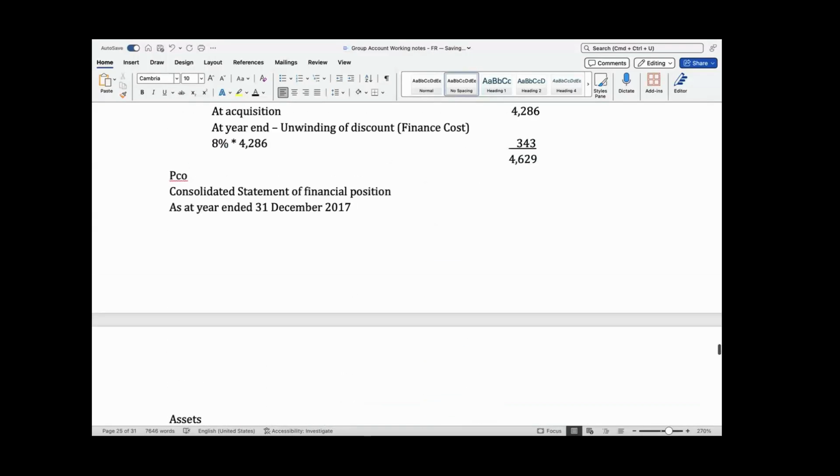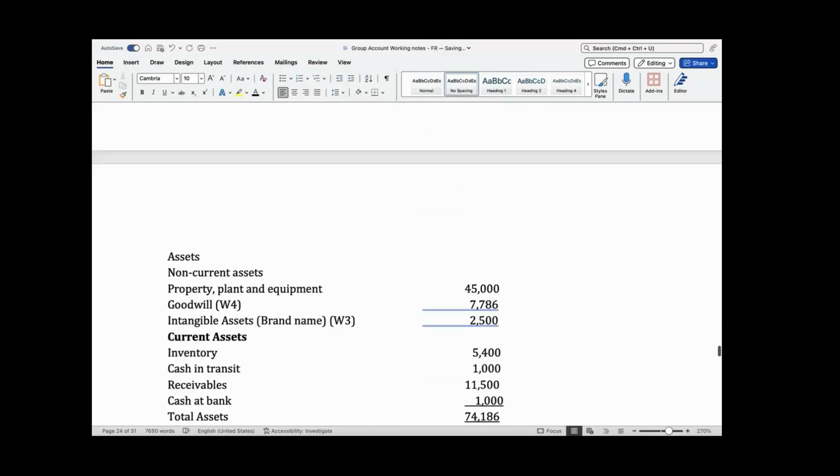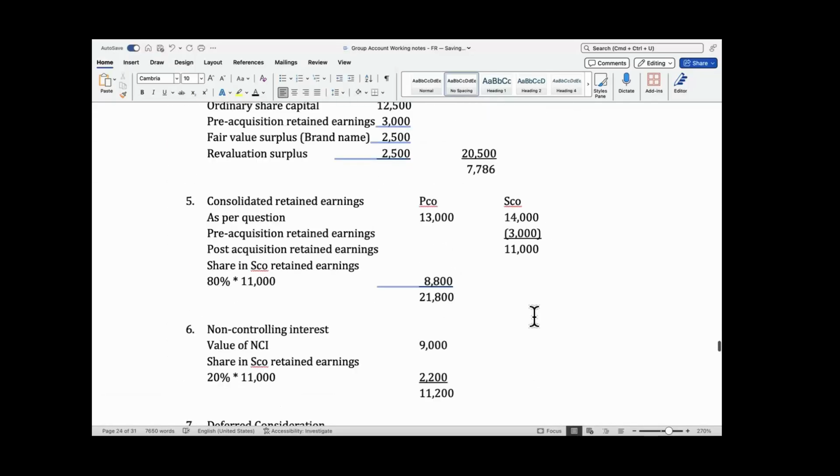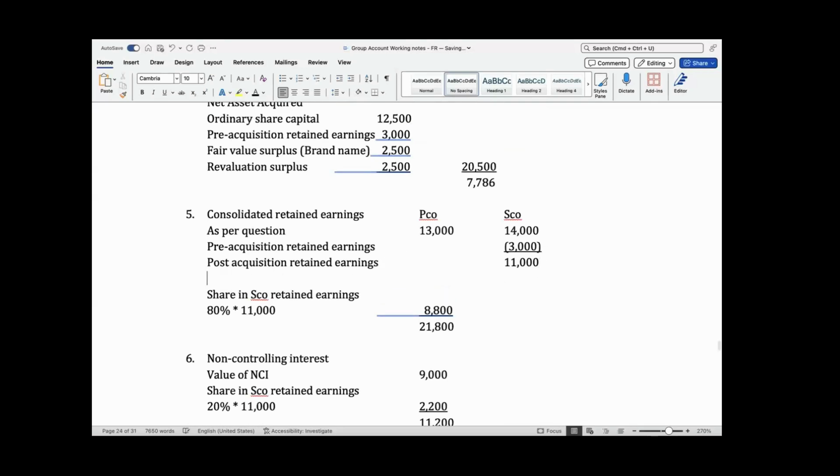Before you sum it together, these finance costs need to be recognized in the P&L of the parent. So you need to bring finance costs here from working 7.